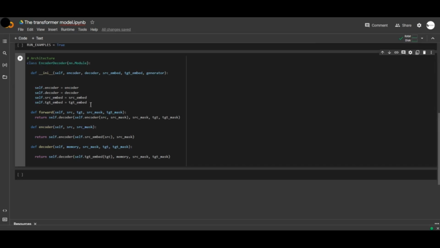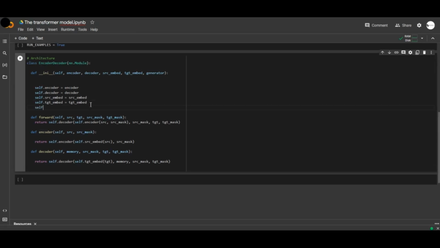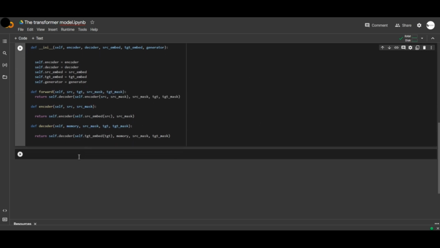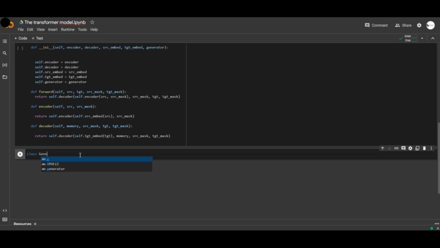So before we forget, let's initialize the generator. We're gonna create a class of the generator. Before we create it, I want to talk about why we're creating a generator and what it is.